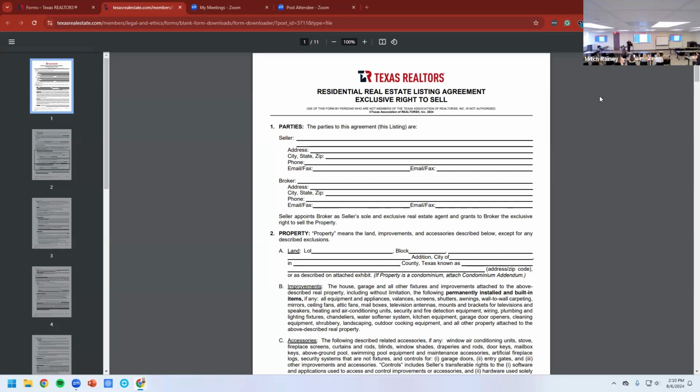All right. So listing agreement. Who are the parties to the listing agreement? The seller and the broker. Yeah, seller and broker. When you're looking at sellers, especially lately, we've had some issues with fraudulent sellers. They're contacting us saying that they want to sell this property or this house. Usually it's already paid for, and they don't want to meet with you because they're out of town. So really do your research on those.